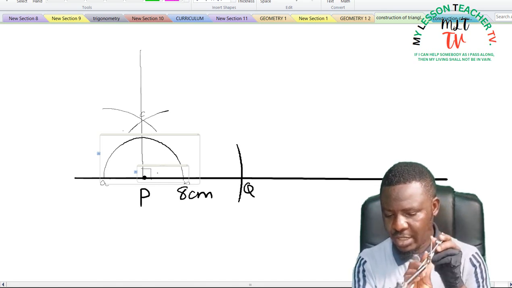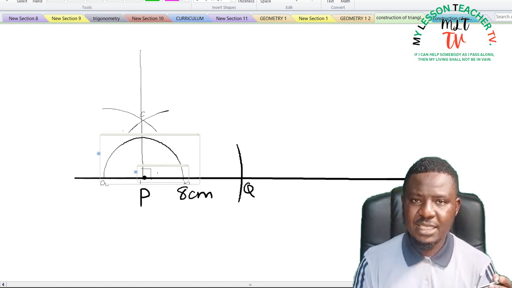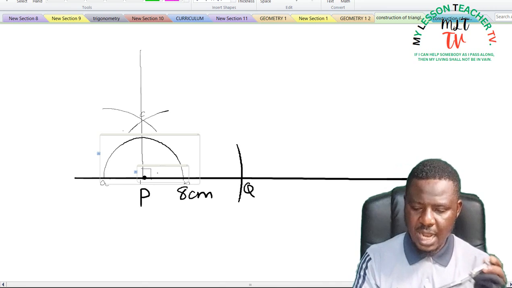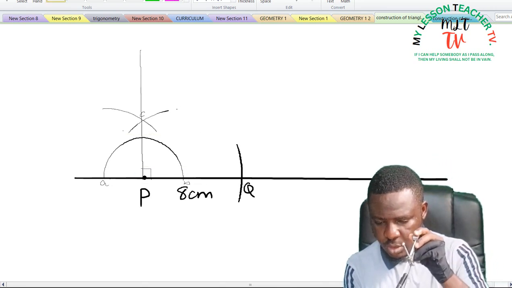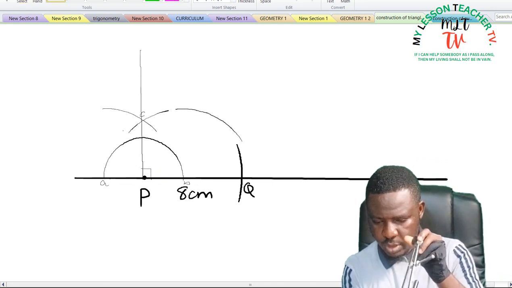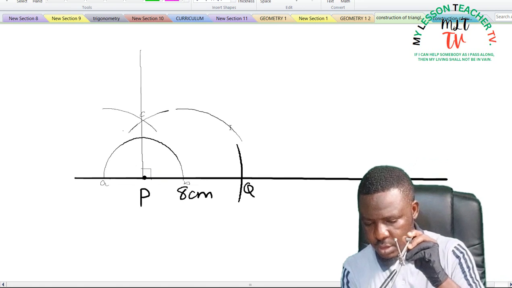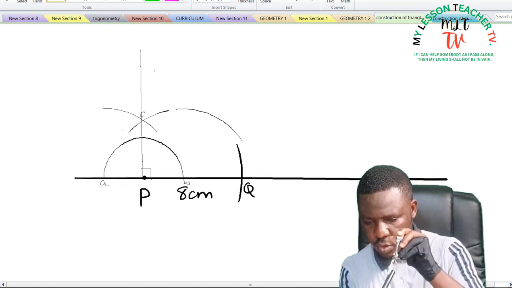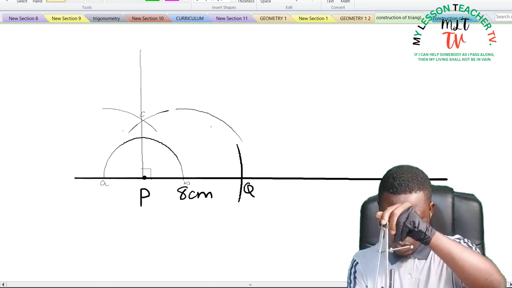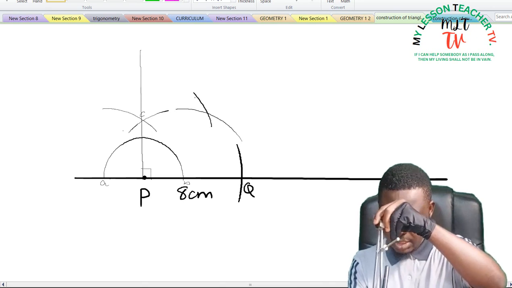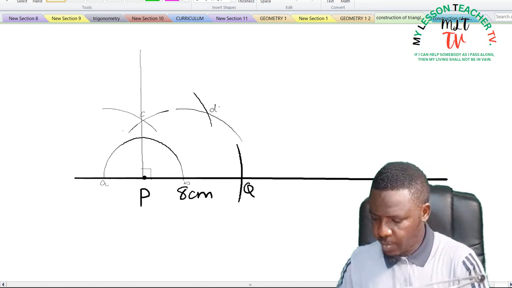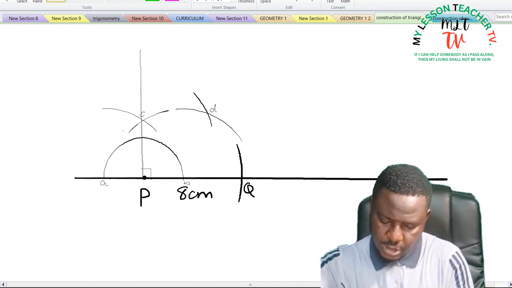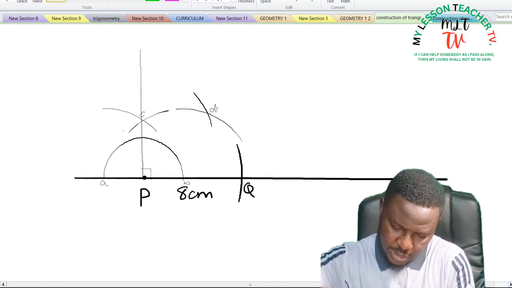And how do we bisect angle 90 degrees? With A and C as centers, you construct an arc this way. So with B as center, you construct an arc this way. Same thing with this point where it cuts. You also construct an arc this way. Call this point D. You then join D and P together.